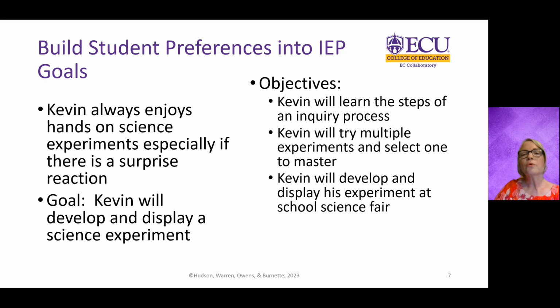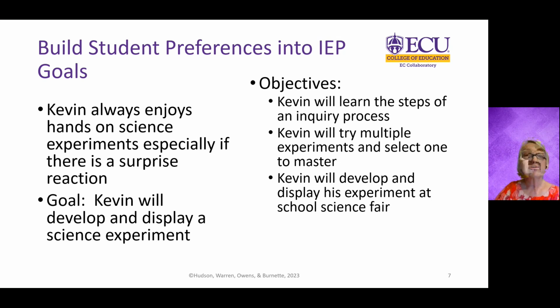Next to the families, you are likely the person who knows your students best. Use that knowledge to build student preferences into the IEP goals. In this example, Kevin always enjoys hands-on science experiments, especially if there's a surprise reaction. His teacher decided to write a goal that says, Kevin will develop and display a science experiment.